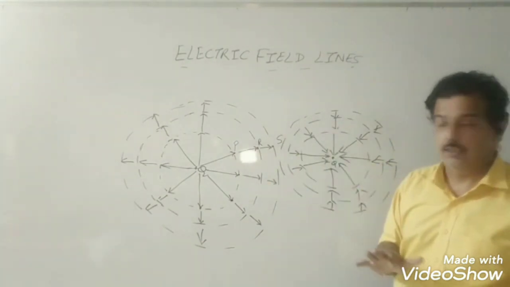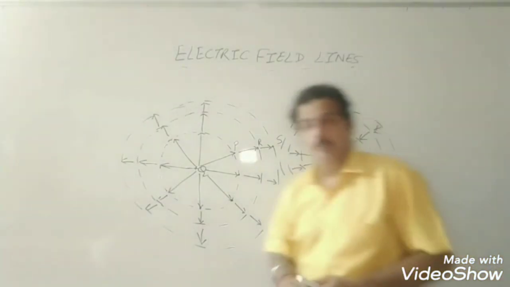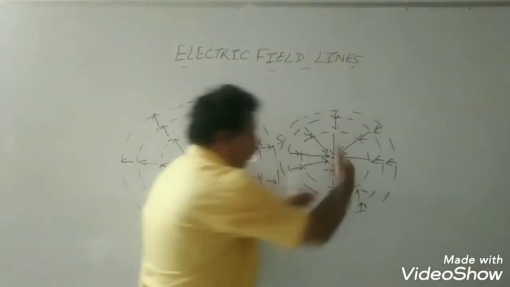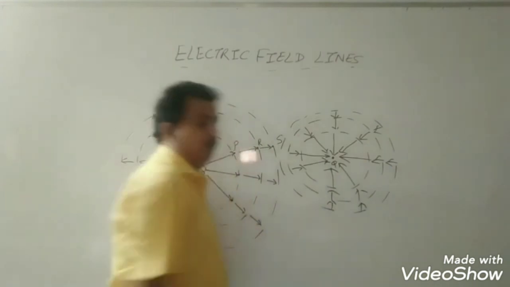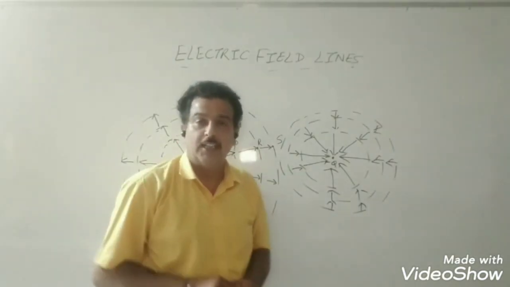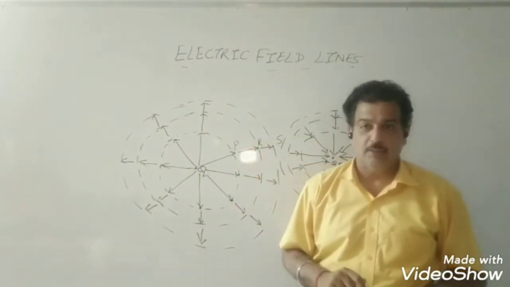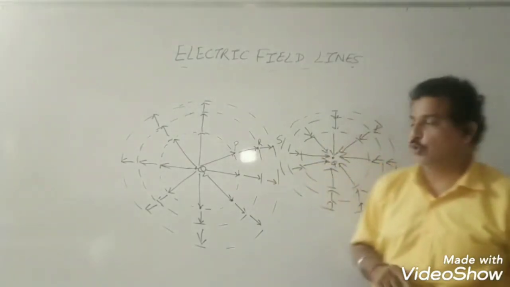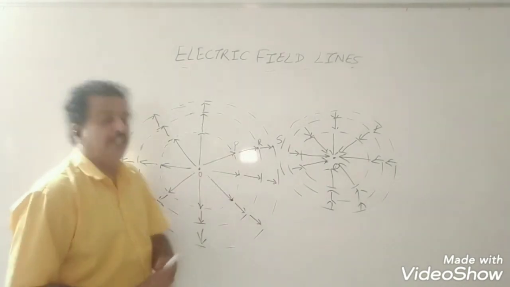Or if at a particular point arrows are meeting, they will not meet but they are drawn towards the charge, then our source should be negative. The arrow towards the source indicates that when I place a test charge there, the test charge is positive, so it will be attracted towards the source, and therefore the source should be negative.